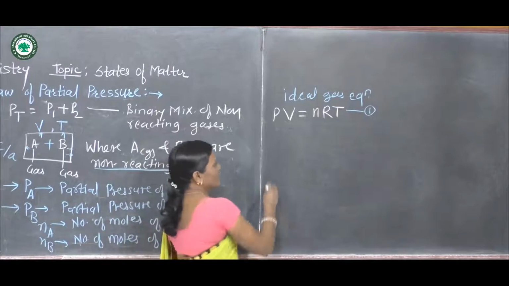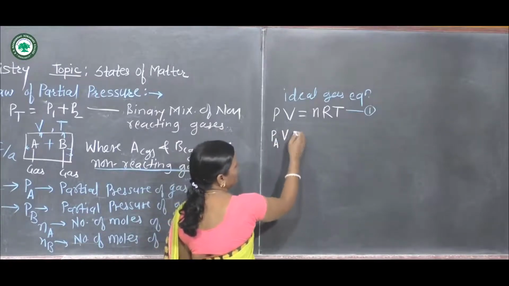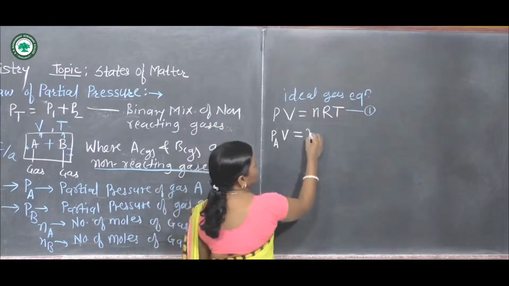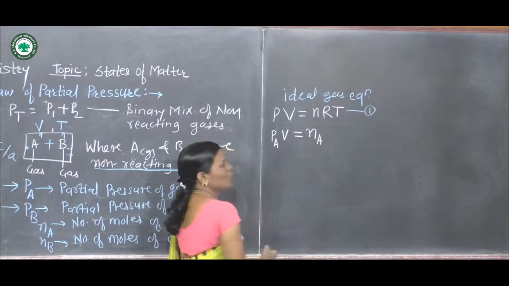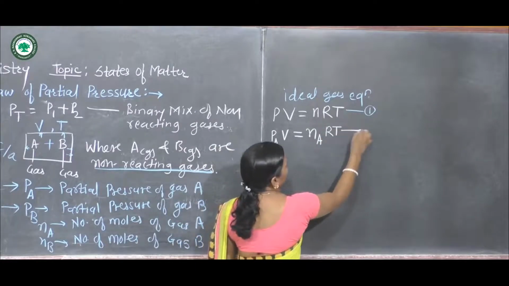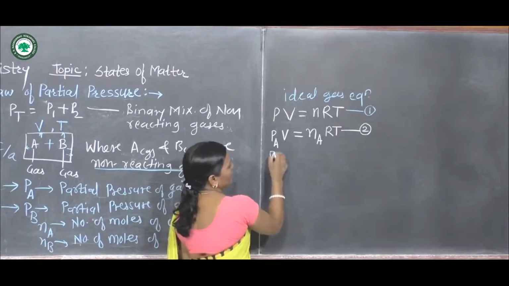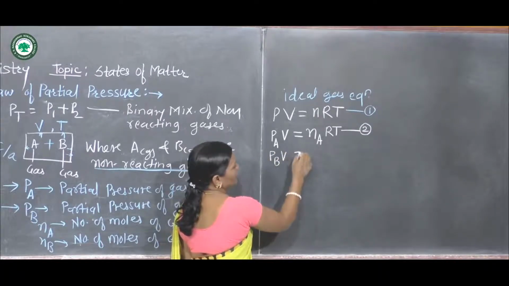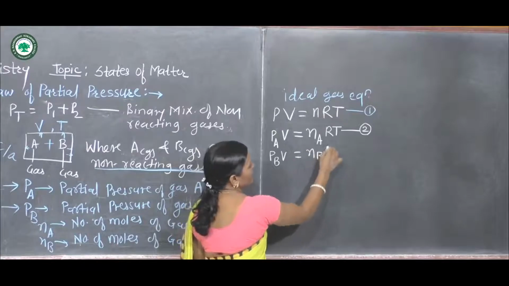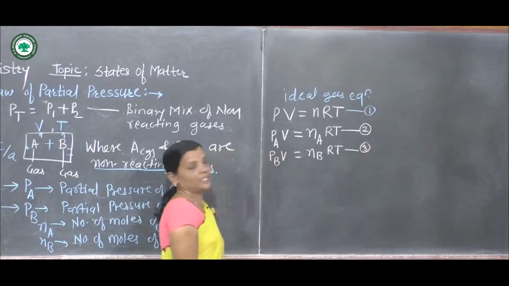So we can write PA, the partial pressure of gas A, into V is equal to Na, the number of moles of gas A, into R into T, equation number 2. Now for the second gas, similarly we can write PB into V is equal to Nb into RT. Suppose this is equation number 3.